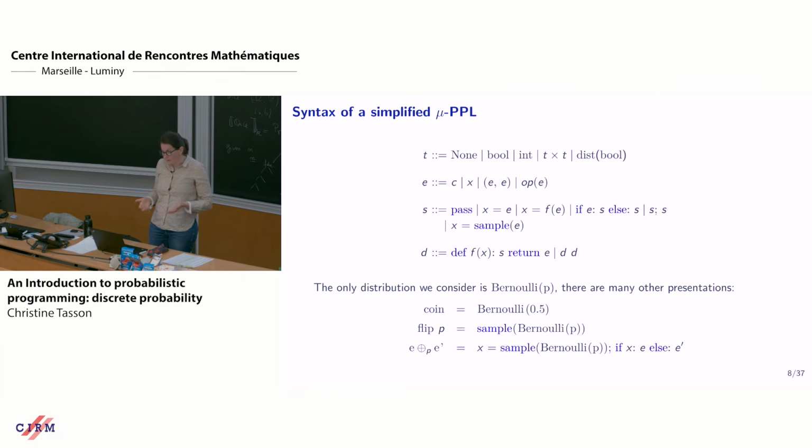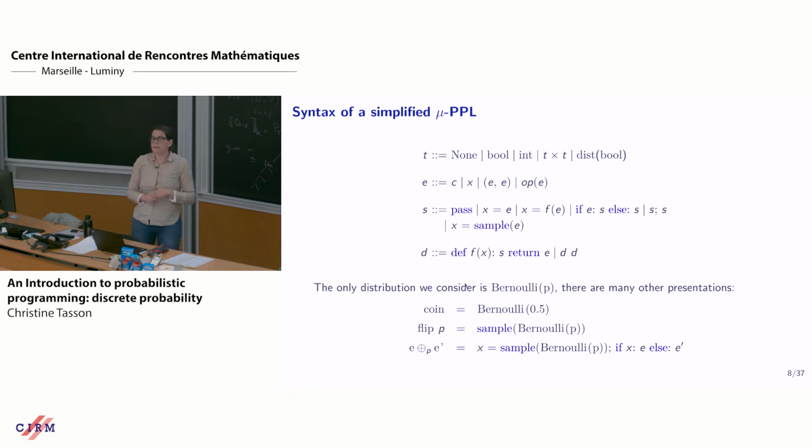I have pairs, I have operations, and I have also statements in the S. I can do nothing, I can do an assignment, as usual. And I have this construction, which is first sampling the probability distribution represented by the expression E, and then assigning to X the outcome of this sampling. And I can define first-order functions, and I can use them.